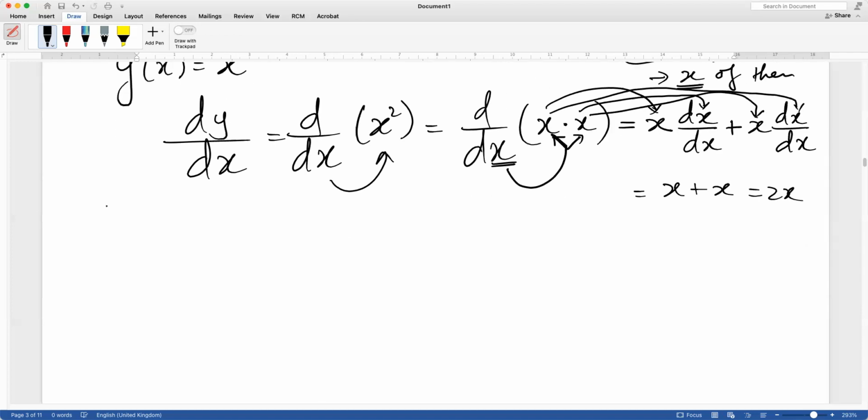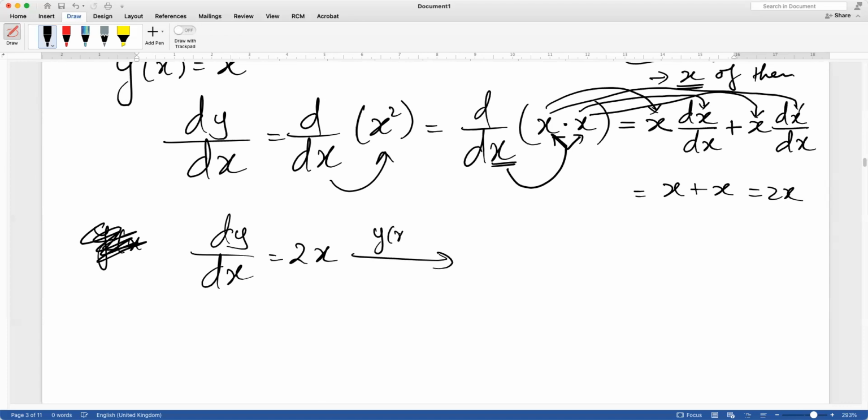So if you do that for y of x, okay, let me do the integration. Now we know dy by dx is actually 2x. So if you want to recover y of x itself, what is to be done? We need to first of all rearrange the whole thing. Is that okay? 2x dx.